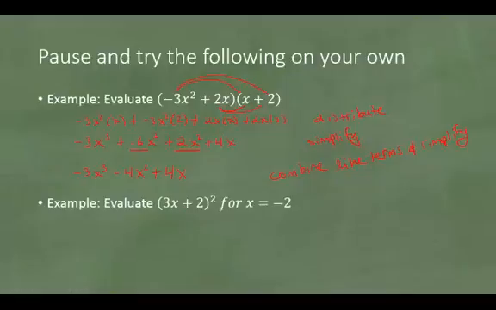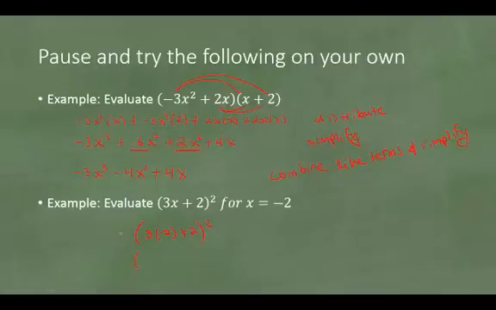We can also evaluate any type of expression if we know what x is equal to. So here when we say 3x plus 2 squared, since x is equal to negative 2, we could say 3 times negative 2 plus 2 squared.